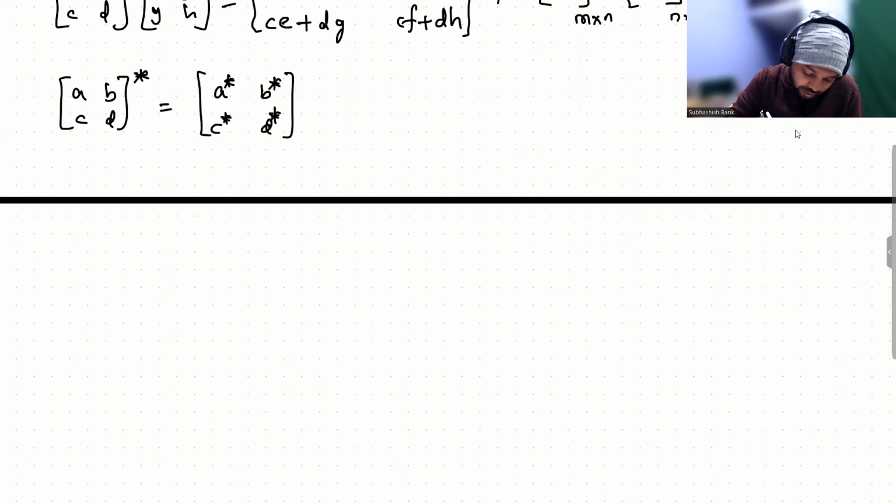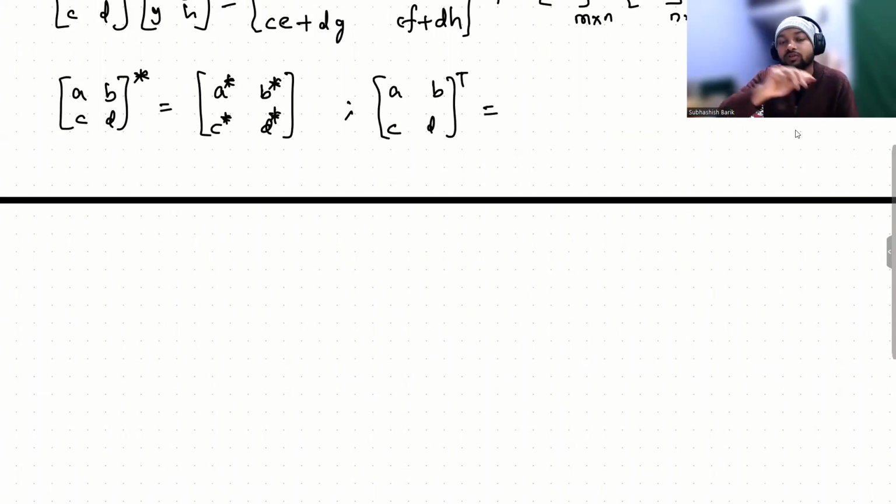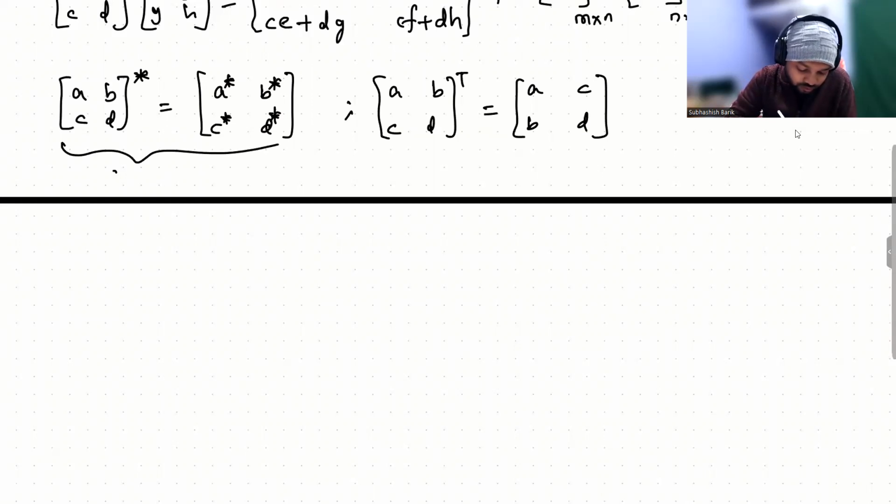And if I want to take the transpose of a matrix or a vector, what happens? Only the rows and the columns just flip. So the transpose of this will become A C, B D. So this is the complex conjugate, and this is the transpose.